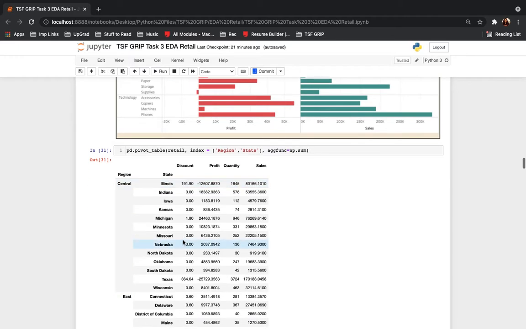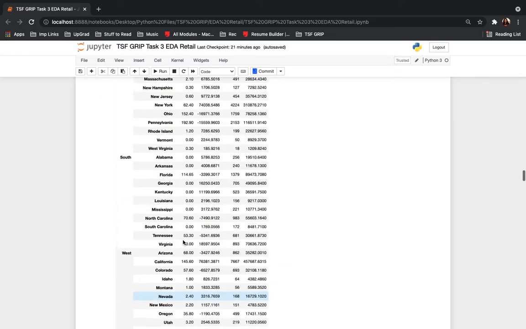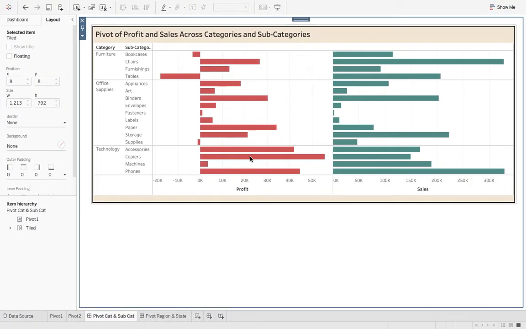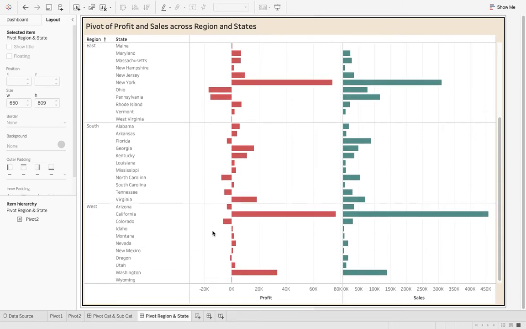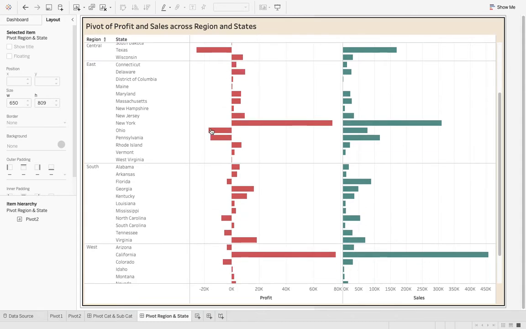The next bivariate analysis is the similar pivot table across the regions and state. So for every region, what state shows what numerical attributes. So there's another pivot which shows us that information. So you can see for central region in the Texas state, as compared to the sales, the losses are quite high.